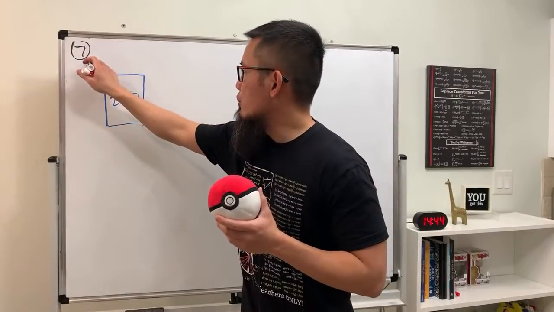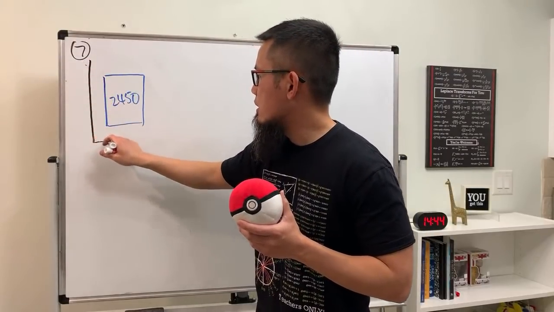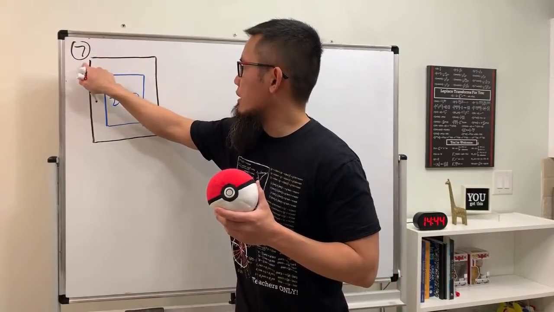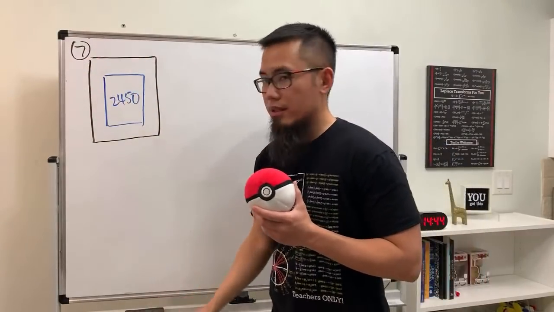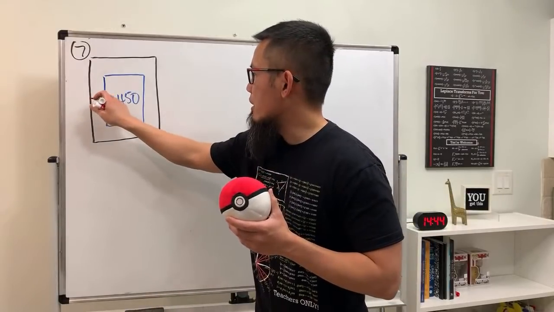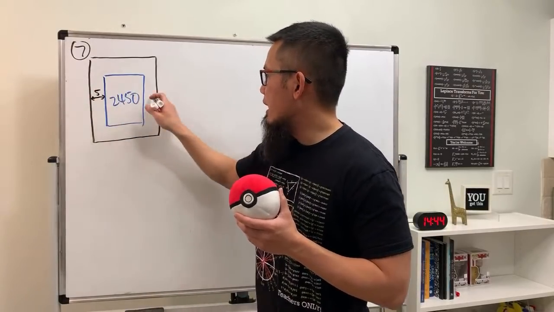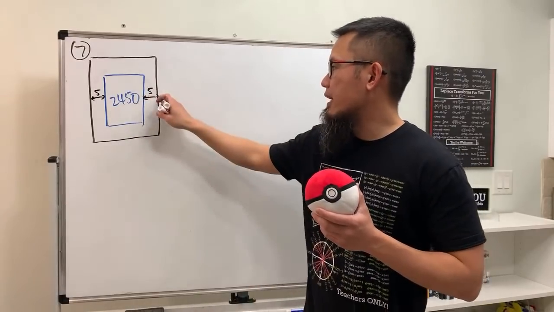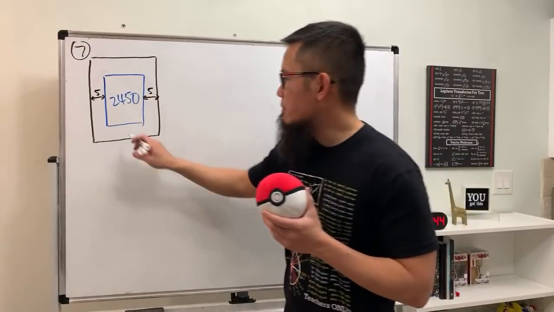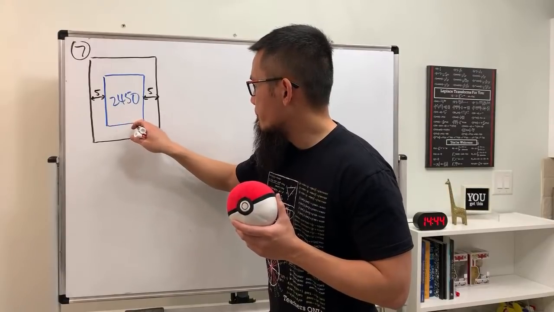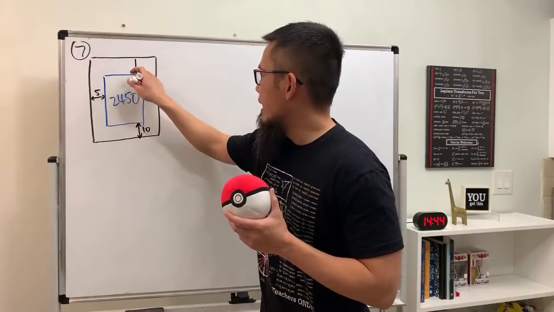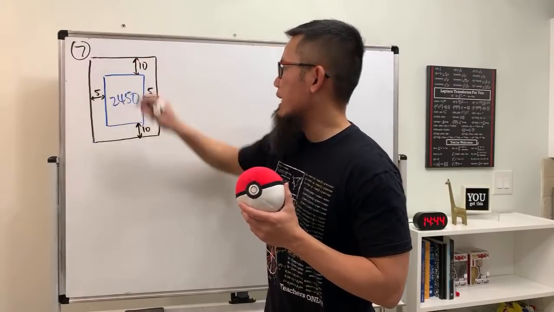So the picture is going to look like this, not drawn to scale, of course. This right here should be an additional 5 and then an additional 5, and for the top and bottom, an additional 10 and an additional 10.